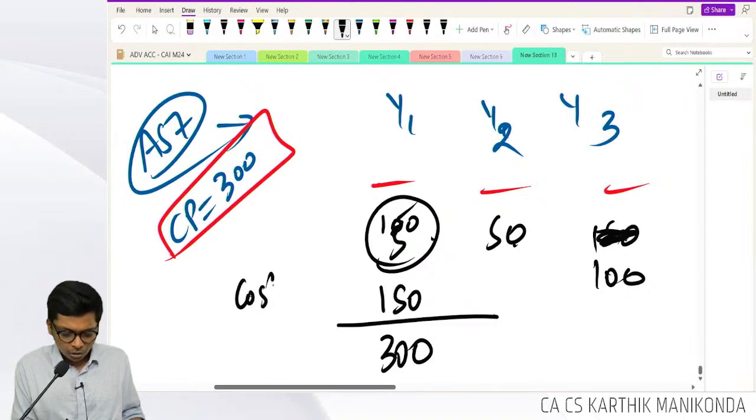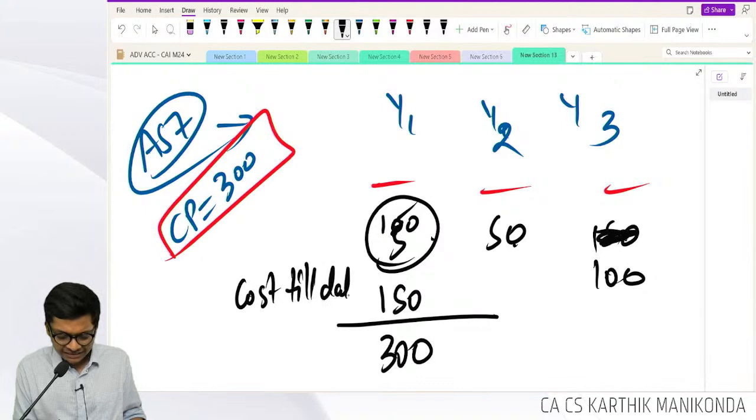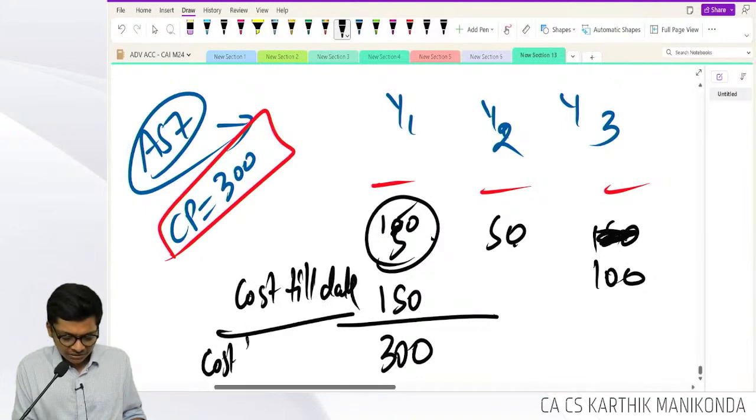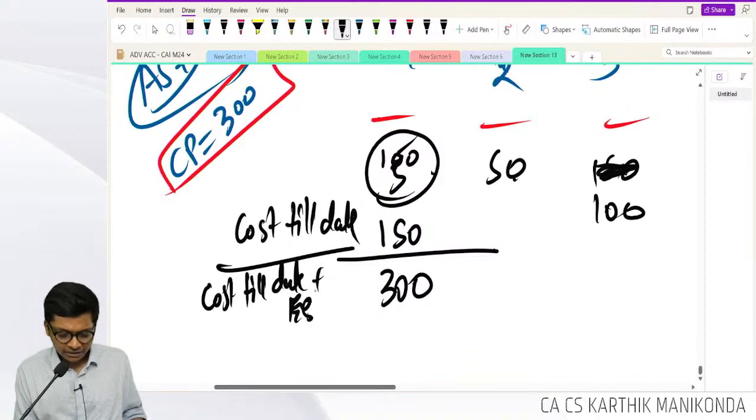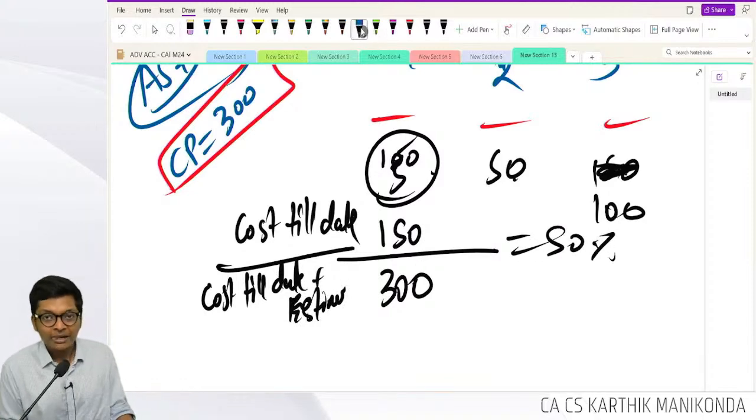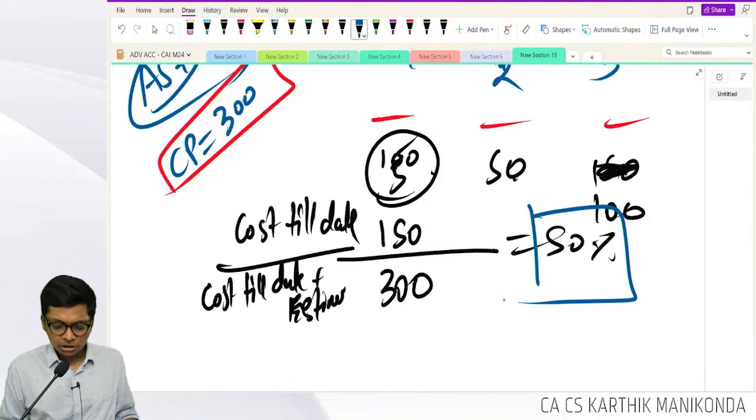The formula is cost till date divided by cost till date plus future estimated cost to be incurred, which comes to 50%.